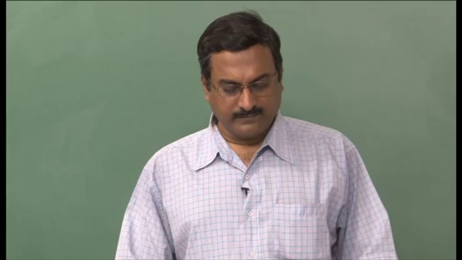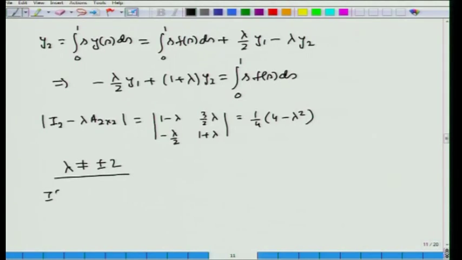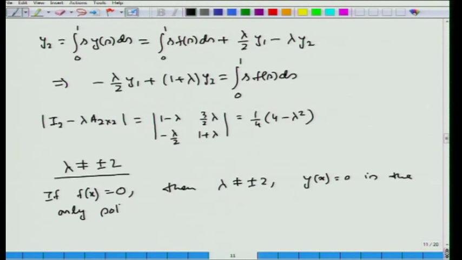Now, we consider the case that if f(x) equal to 0, then for lambda not equal to plus minus 2, y(x) equal to 0 is the only solution.